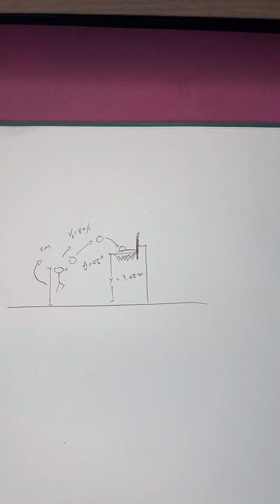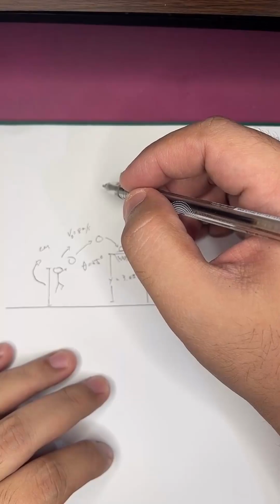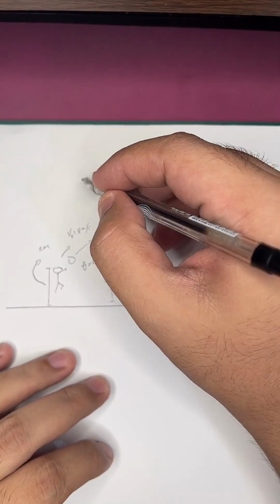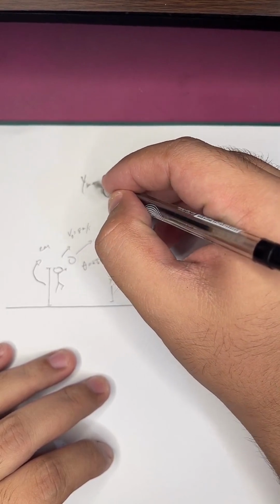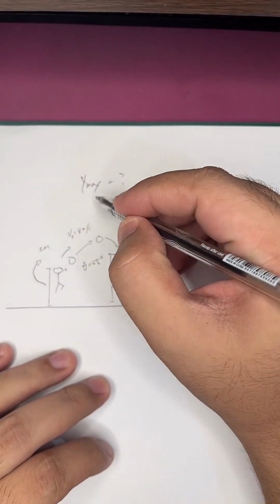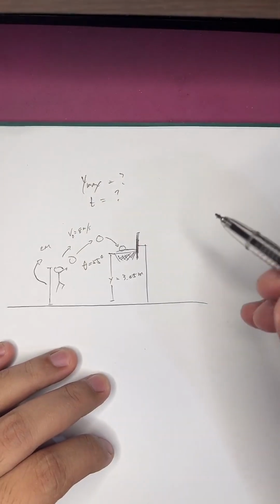Player shoots the ball, jumps at a peak height of 2 meters, then releases the ball at a velocity of 8 meters per second at an angle of 55 degrees. We were looking for Y max, hang time, and then range.